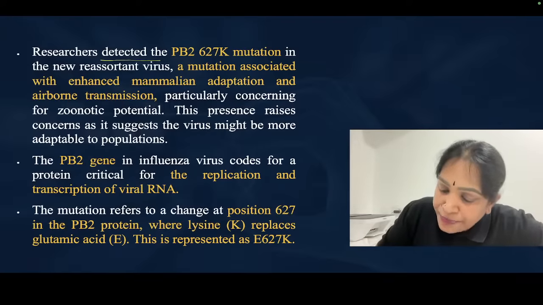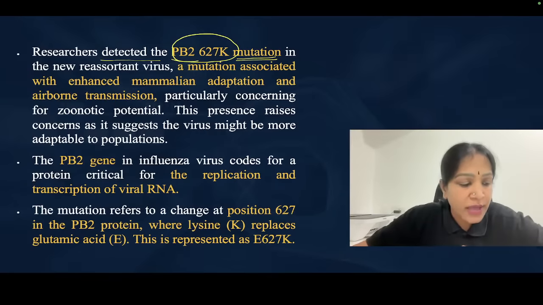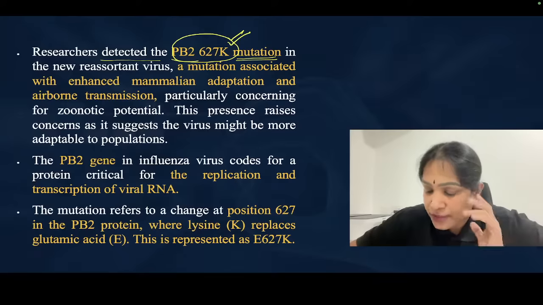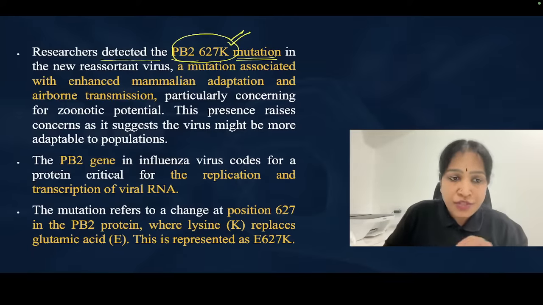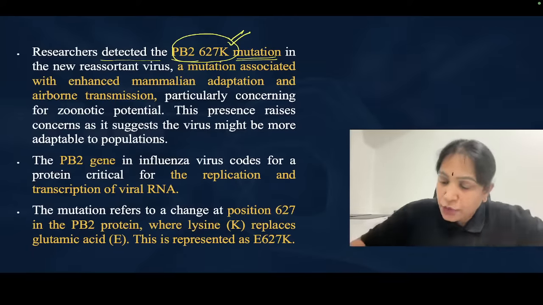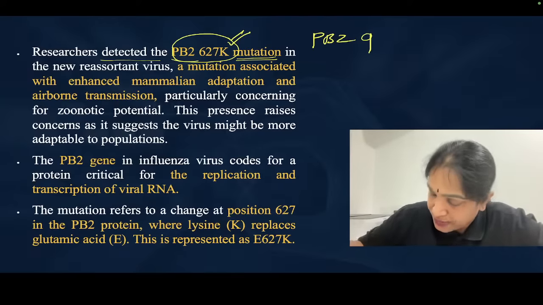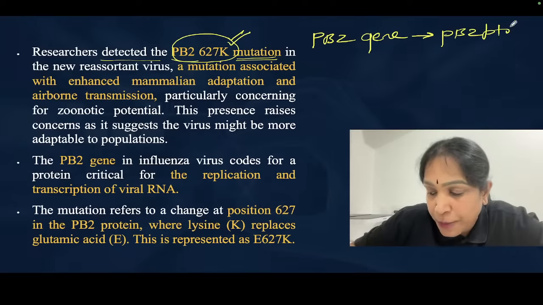Researchers detected the PB2 627K mutation. Remember this term. PB2 627K mutation. What do you mean by this? There is one gene called the PB2 gene. Is it clear? PB2 gene. This gene will produce a protein called the PB2 protein.